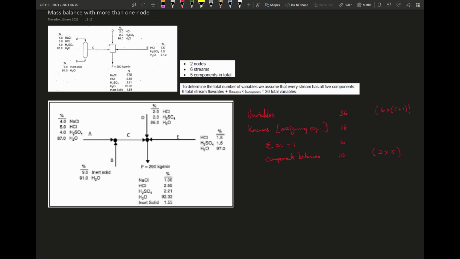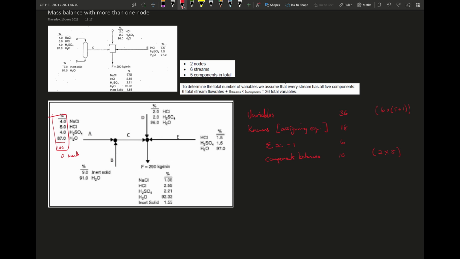When you look at the system, let's just spend 5 seconds talking about this. If I look at this composition, I have 1, 2, 3, 4 of the 5 components. If I add these up, they add up to 100. And by adding them up and getting to 100, I know that the fraction of the inert material here should be 0.